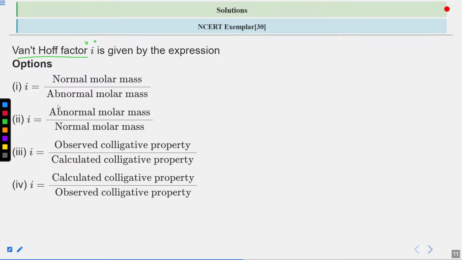The options are: i is equal to normal molar mass divided by abnormal molar mass; i is equal to abnormal molar mass upon normal molar mass; i is equal to observed colligative property divided by calculated colligative property; or i is equal to calculated colligative property divided by observed colligative property. So you have some time, go through it, and after that we will see the correct answer.